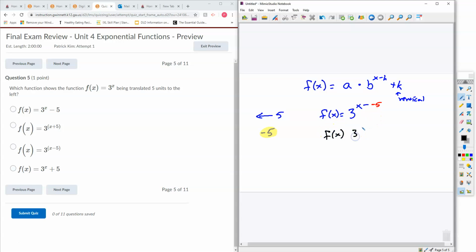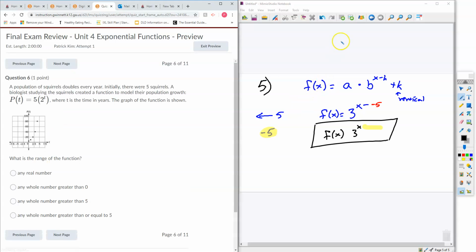It's going to be 3 to the x, and then something after it. Okay, is it minus? Is it plus? Now also think, is there a plus k? The question only talks about going to the left, not up or down, so use that when you think about what the answer is going to be. Okay, so this is number 5.